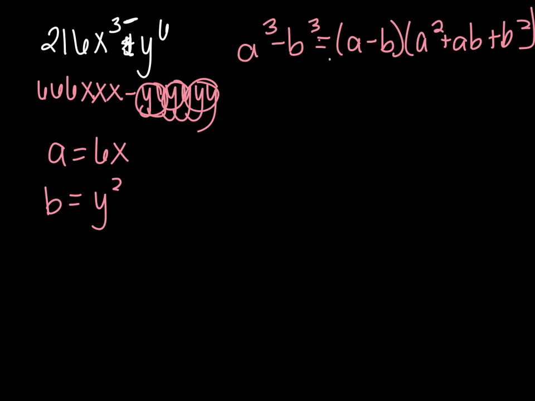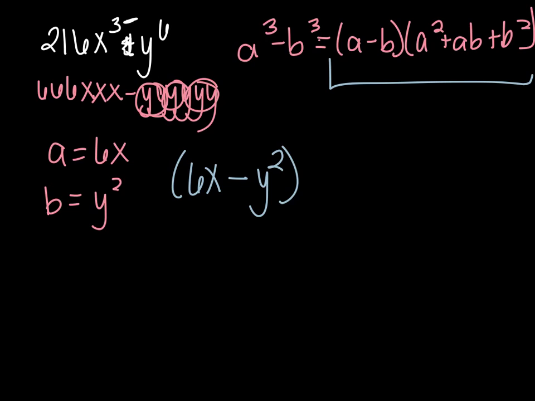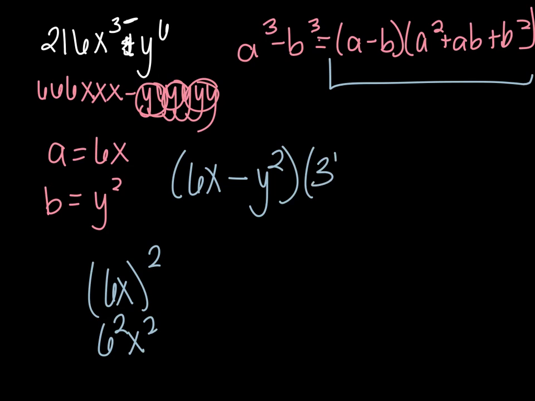So let's look at this part right here. The first piece is 6x, keep the sign, y squared. Now I'm going to square the first term. So 6x squared is 6 squared x squared, which is 36x squared.